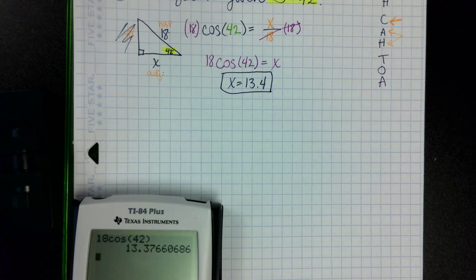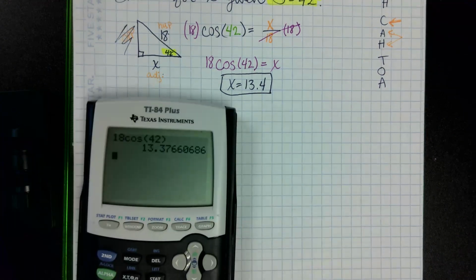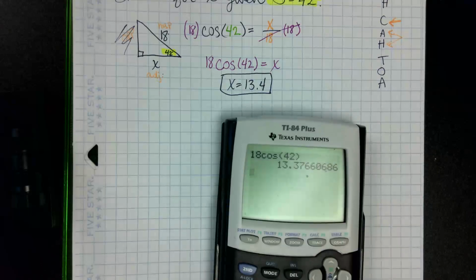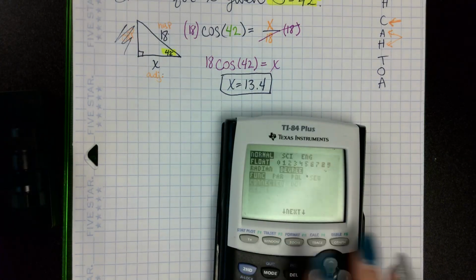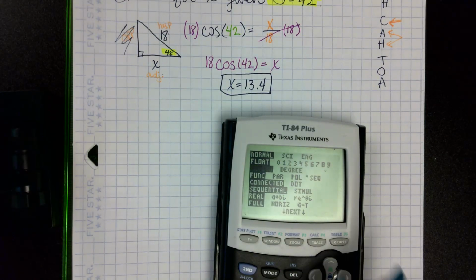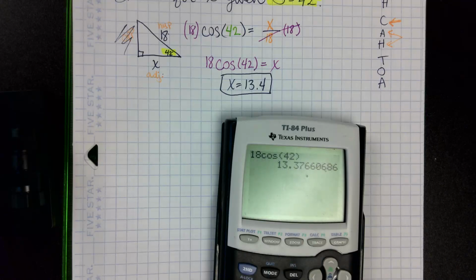Okay. So if I had not changed to degrees, let me change it back, mode, go back to radians, and I did 18 cosine 42, it tells me it's -7. Can the side of my triangle have a length of -7? No, it can't. It can't have a negative length. So you would know that there's a problem.